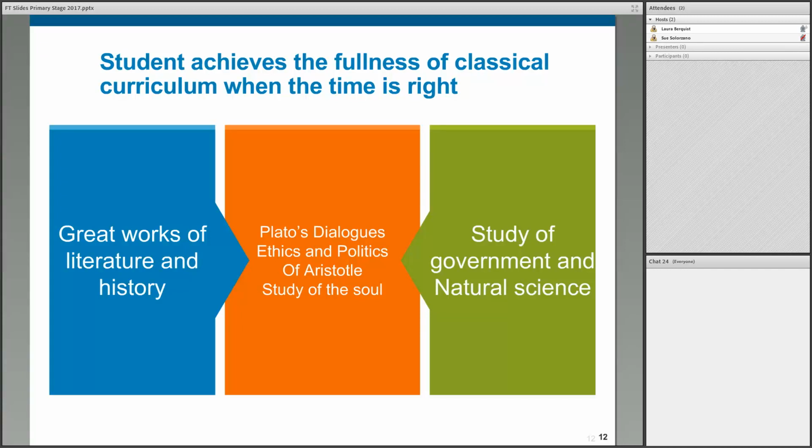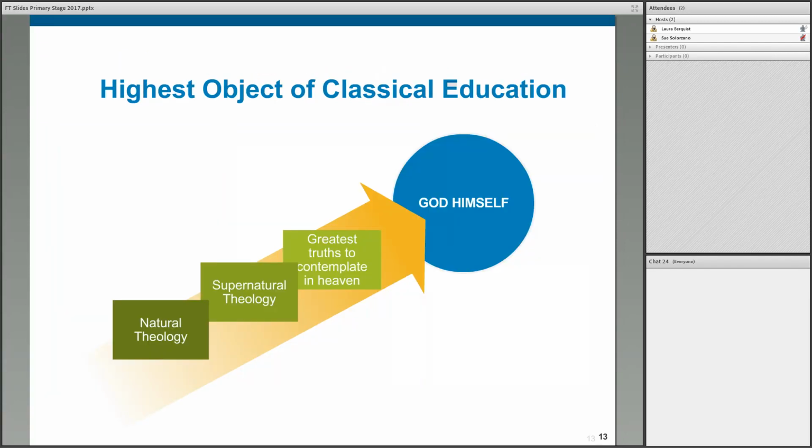Now, as regards the highest object of the classical curriculum, God himself, who is the end of natural and supernatural theology, we're preparing our children for that knowledge from the moment they are born. And we do that, first, by the way we live, by the example we give them of fatherhood and of sacrificial love, and by the doctrine we teach them as soon as they are able to reason.